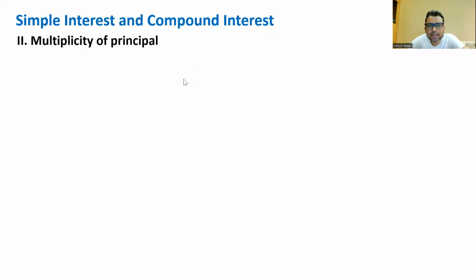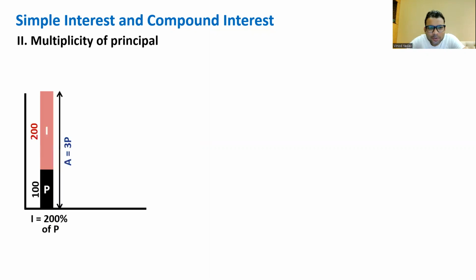Okay. Next thing is understanding multiplicity of principal. For example, you must have heard "paisa double ho gaya, paisa triple ho gaya, 25 mein paisa double." So here, suppose money tripled. So your 100 rupees investment became 300 rupees. That means the interest given to you was 200 rupees.